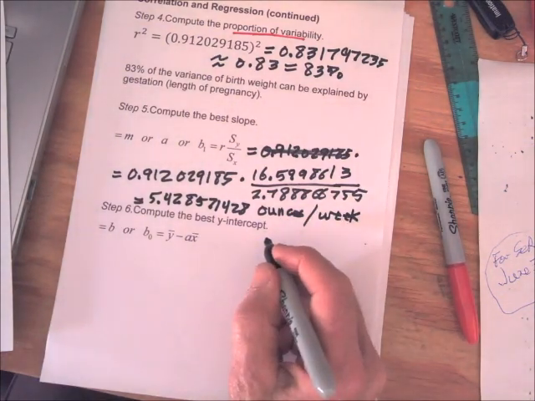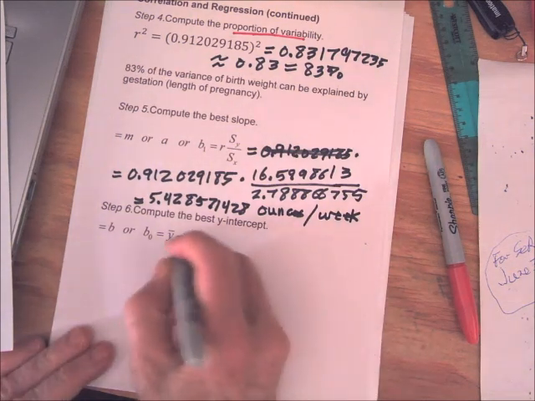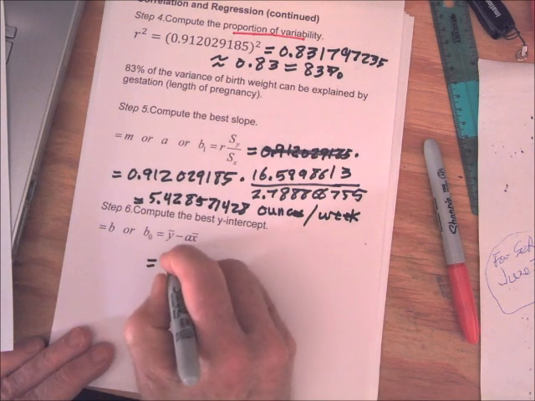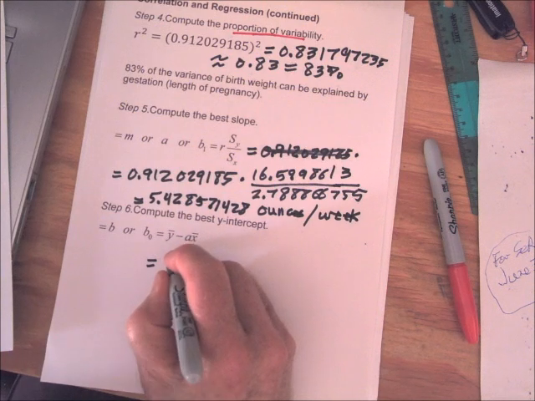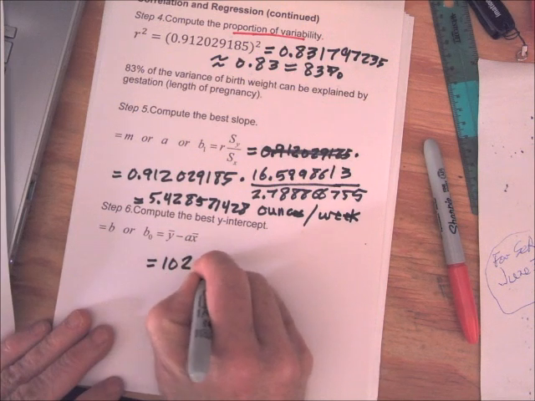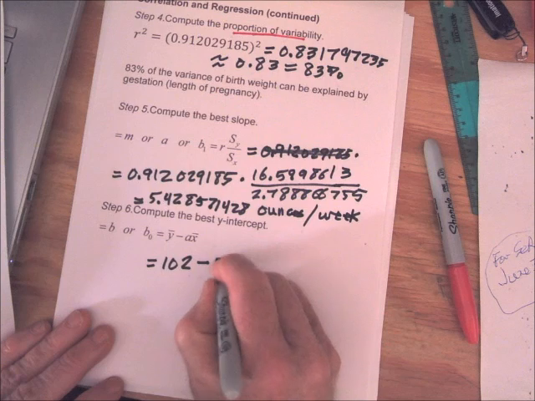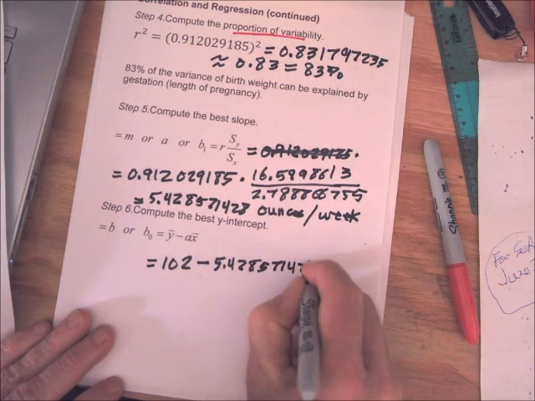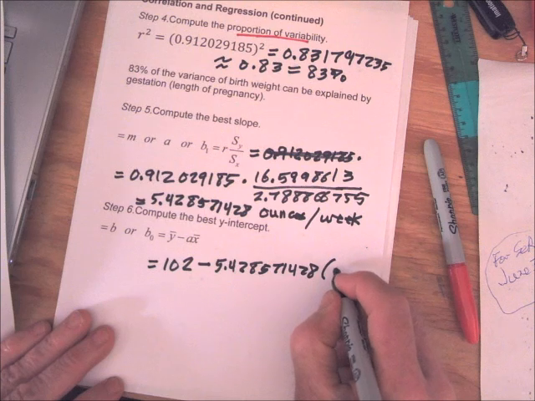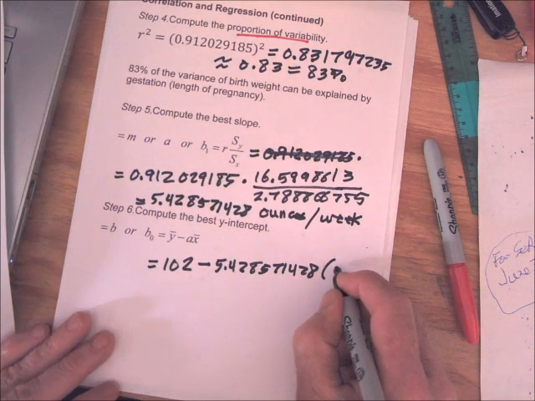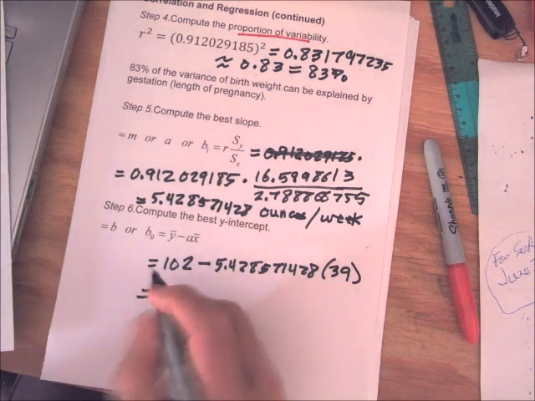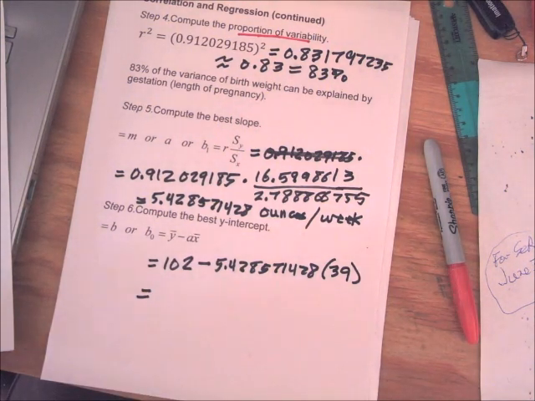And then the best y-intercept, y bar minus a times x bar. So the mean for y, I think, was 102, minus the best slope, which is 5.428571428, times the mean for x, which was 39.